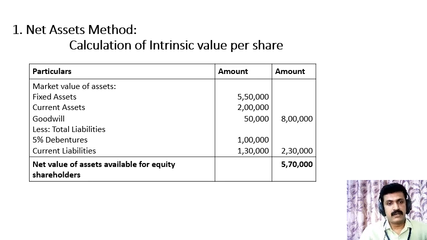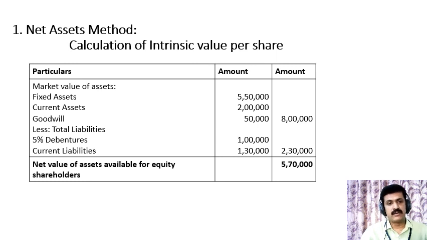So as I told you earlier, in net assets method, for the calculation of intrinsic value per share, first we need to ascertain the net value of assets available for equity shareholders. In that, first we have to take the market value of assets, and that includes fixed assets 5,50,000, current assets 2 lakhs and goodwill 50,000. Total comes to 8 lakhs.